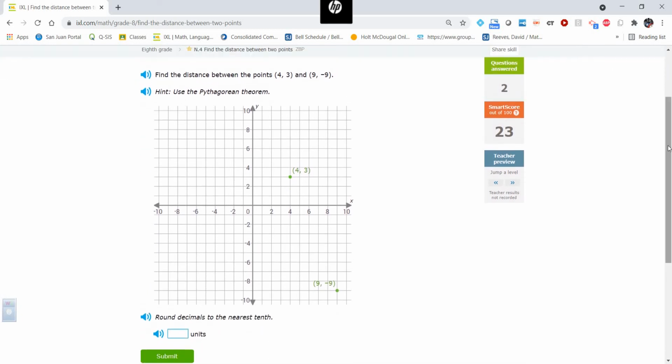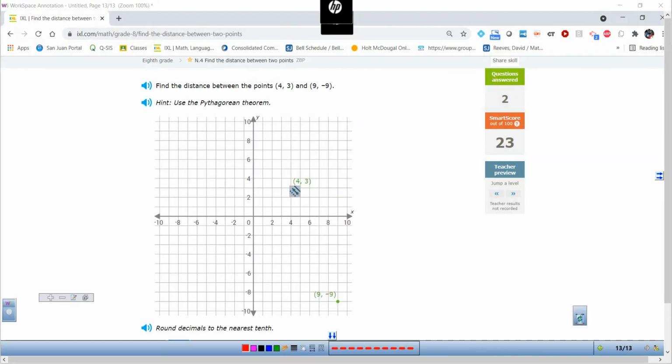Okay, this one right here, again, I want to find that distance. One option would be to go ahead and draw in your right triangle using the Pythagorean theorem. I can draw in that right triangle, or I can draw in, whoops, I didn't quite make it, or I can draw in that right triangle.